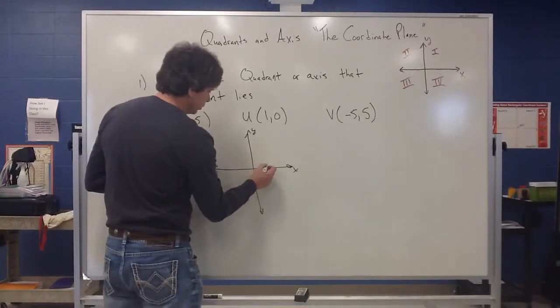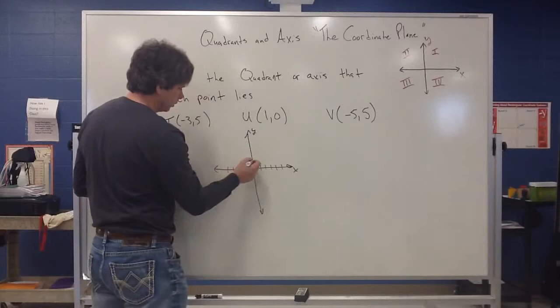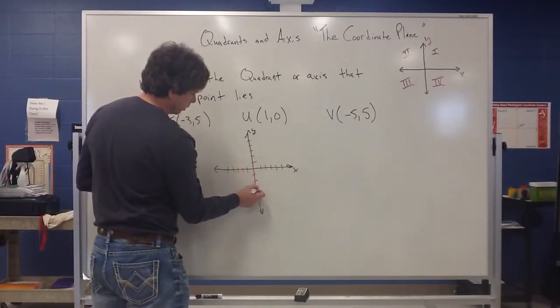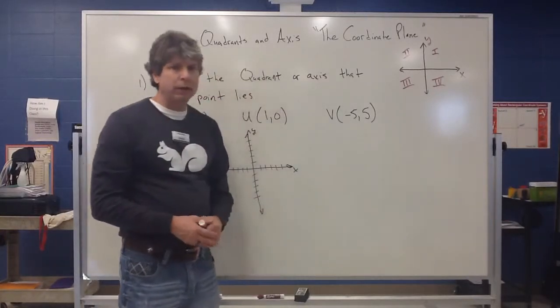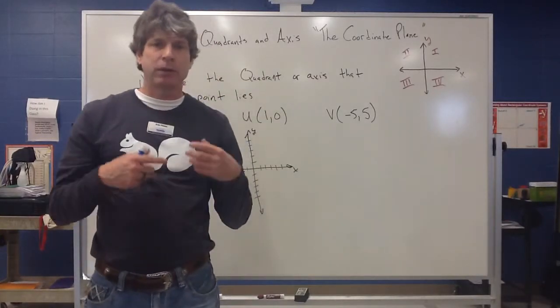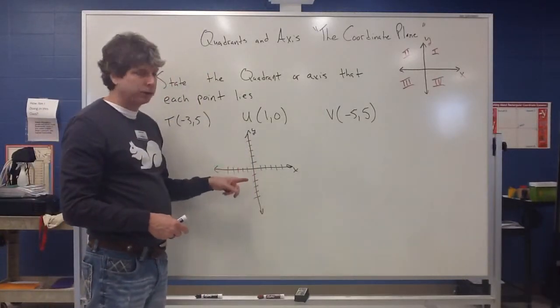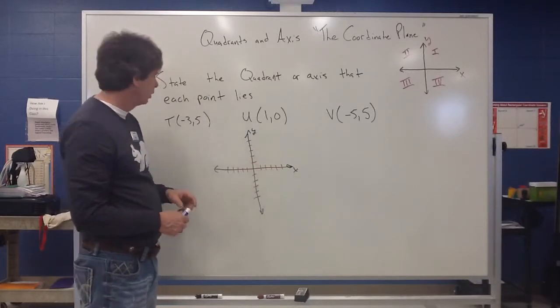So 1, 2, 3, 4, 5, 1, 2, 3, 4, 5. Now, if I don't put any label on my tick marks, they're understood to be counting by ones. So I'm not going to label these tick marks. It's understood that this stands for 1, 2, 3, 4, 5, and so forth.